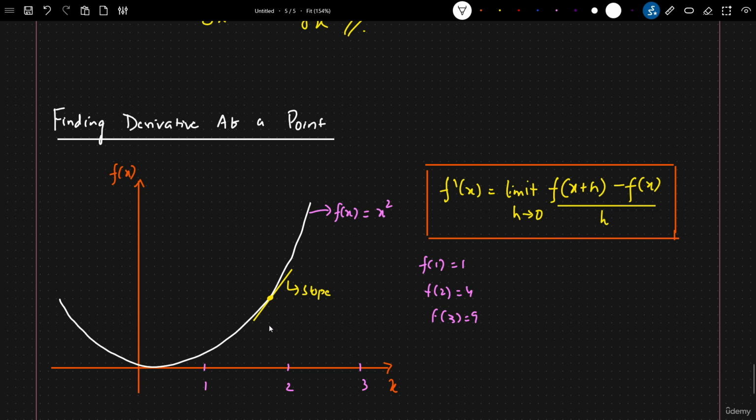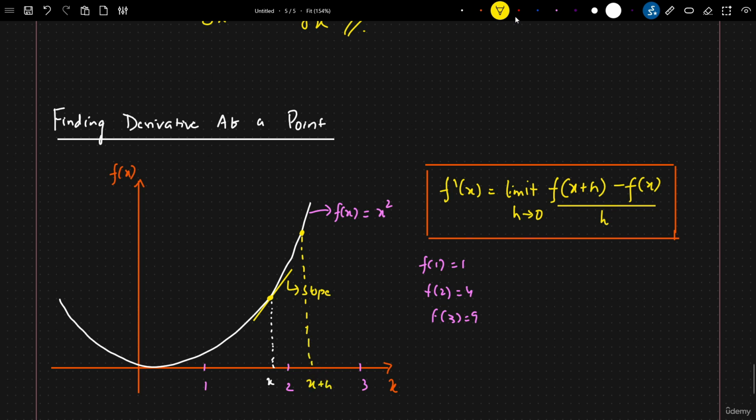So let's say that this point is denoted by x. And we are going to take another point over here, like how we do it for the secant line. This is my x plus h.